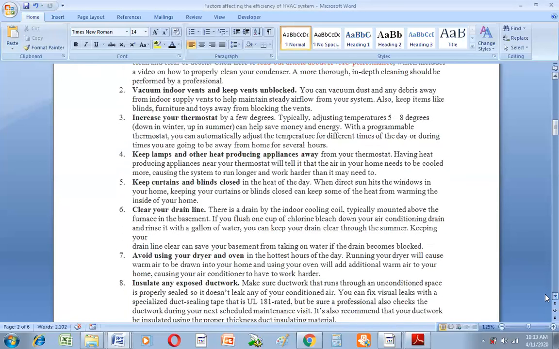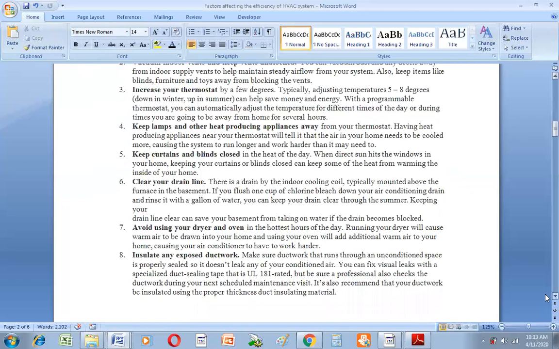Next point is avoid using dryer and oven. If you are sitting in the air conditioned room and if you are using oven for cooking something, then unnecessarily the temperature in the room will increase. So try to avoid. For example, if you are cooking cake in the oven inside the room, then unnecessarily it will produce heat, and the air conditioner plant is trying to reduce the temperature.